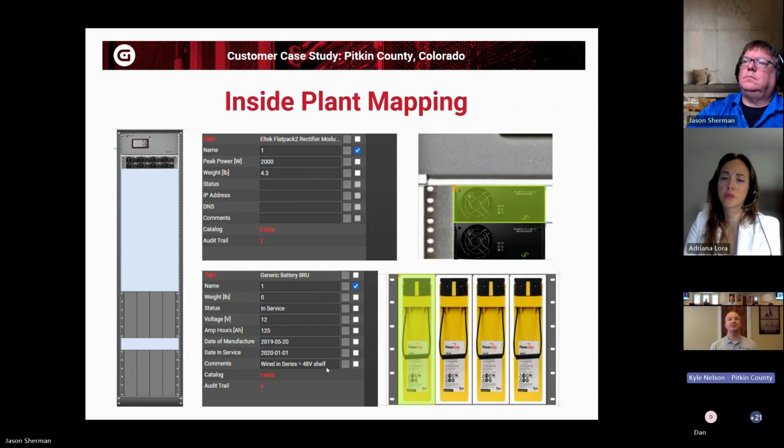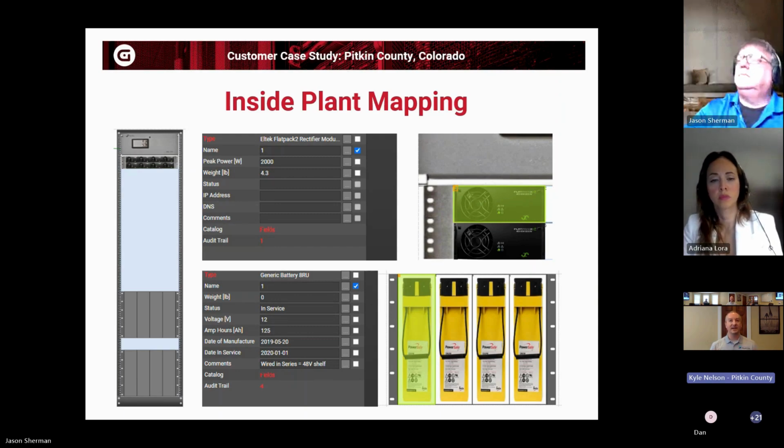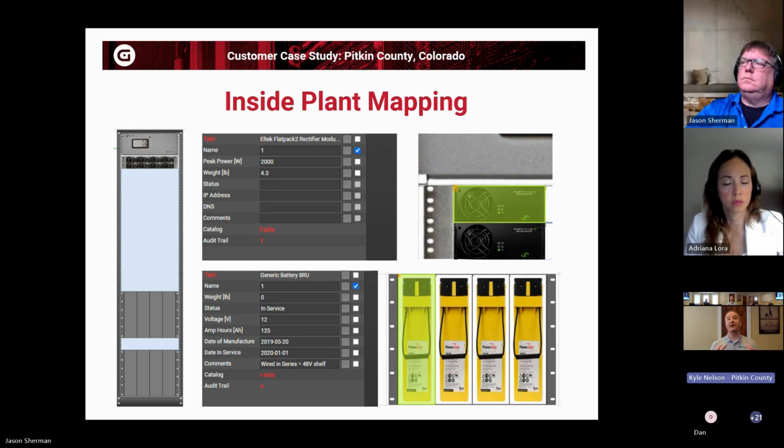That's just a reminder to us or to anyone else that, yes, these are individual 12 volt batteries, but we've got them wired up to build our 48 volt system for power at each of these sites. If we swap out or add additional batteries, as we drag that new battery in there, we can fill in those fields that appear by default so that we know what information we need to capture when we add these objects to our instance.